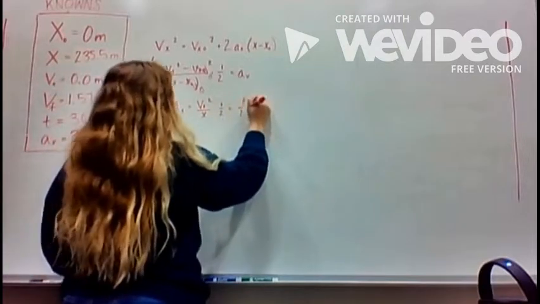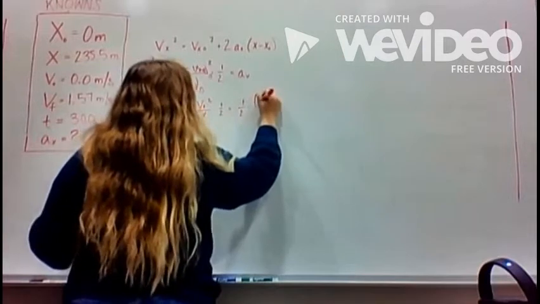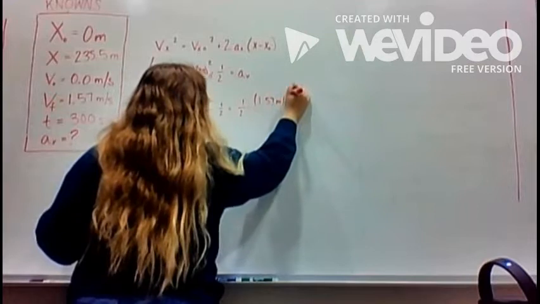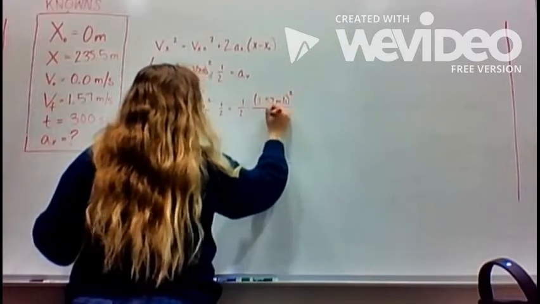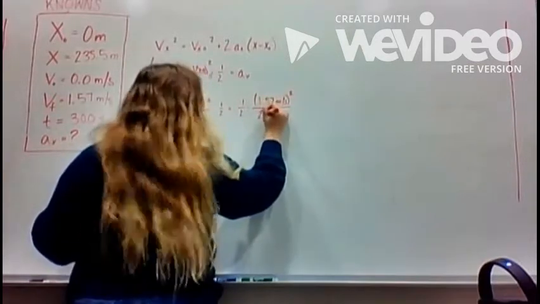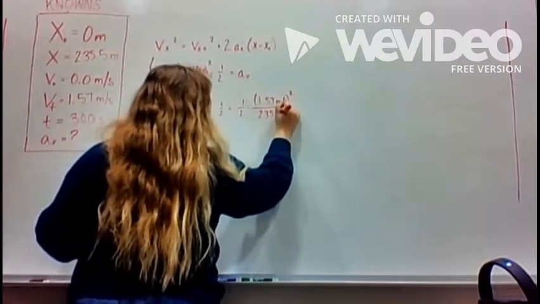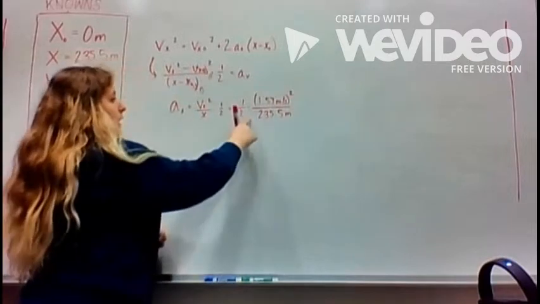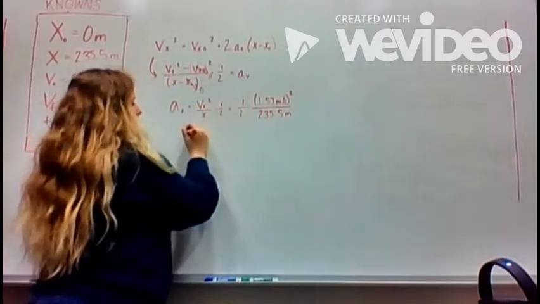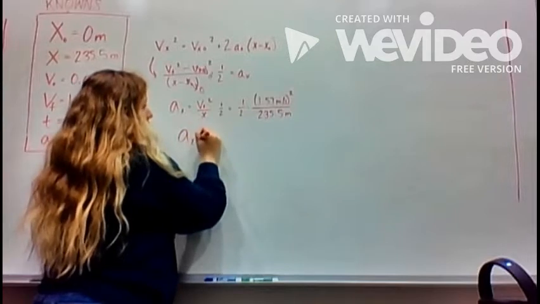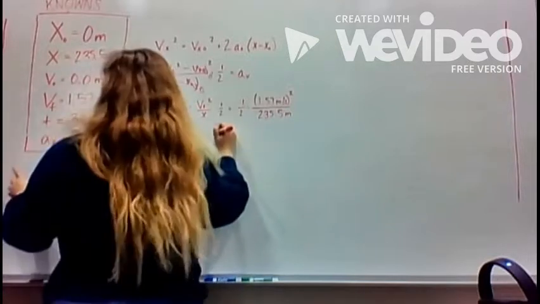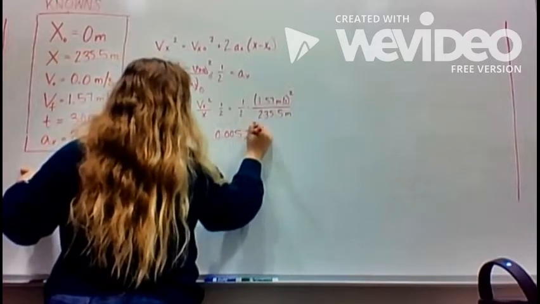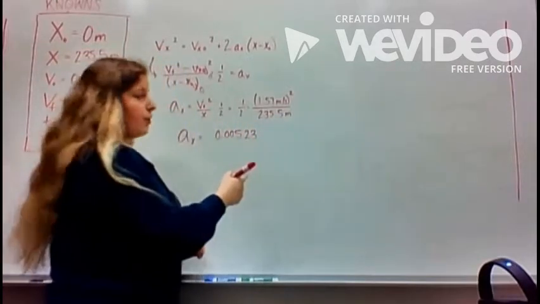So we've got 1/2 times vx, which is that 1.57 meters per second, squared, over x, which is that 235.5 meters we found in the last equation. Now we can multiply all this out and we get acceleration is equal to 0.00523. So his acceleration is almost constant.